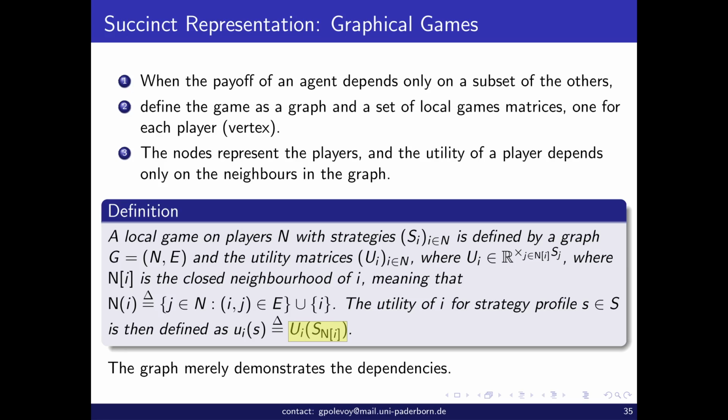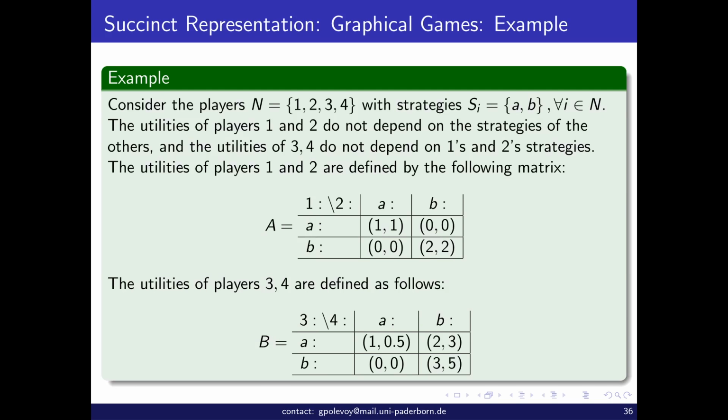So the locality is defined by the dependence, and this locality graph is sparse, that is, it does not have too many edges. Of course, the graph is not needed, it simply demonstrates who depends on whom. The only thing we need is to know the matrix of the given player, and that's it.